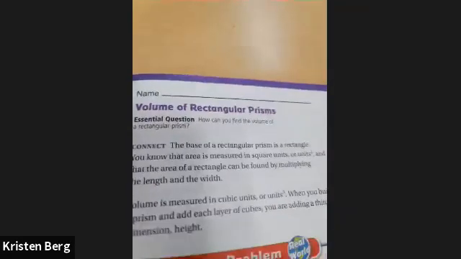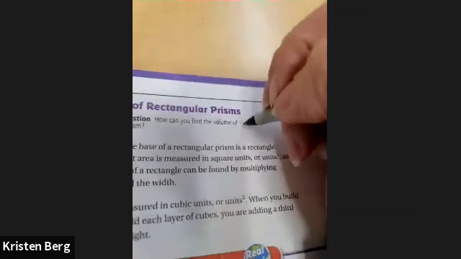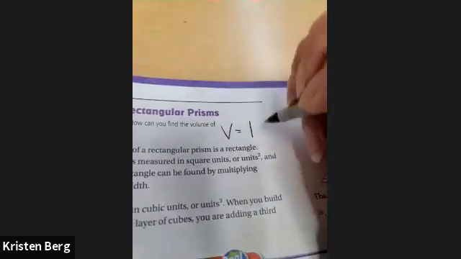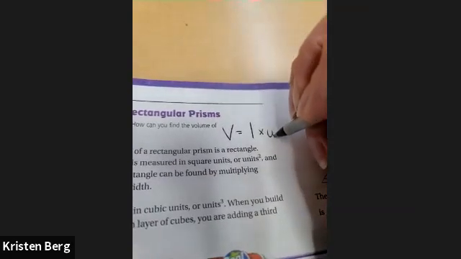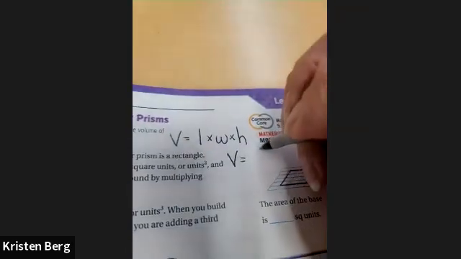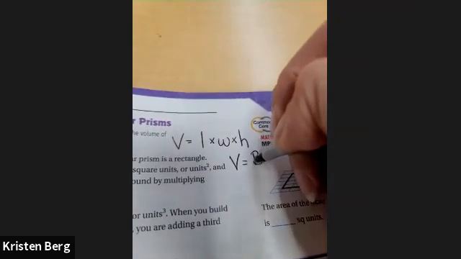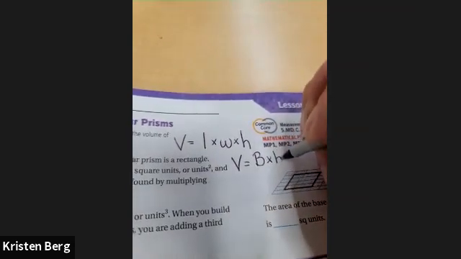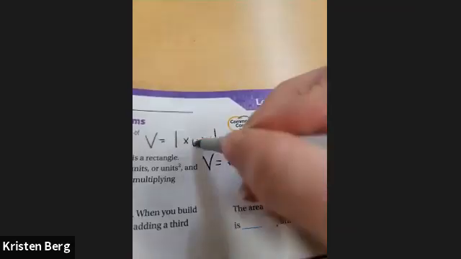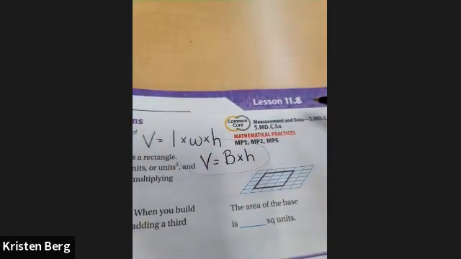All right, with volume of a rectangular prism, you could always see it as length times width times height, or volume is also known as what I call the big B times H method. Now, why is this important? It's because this is the one that you're really going to be using next year.